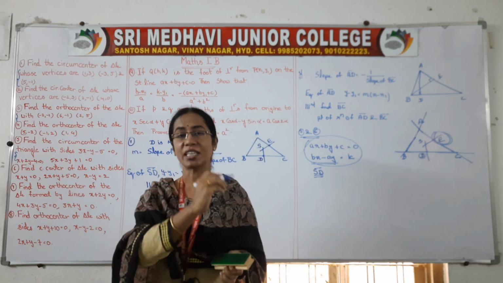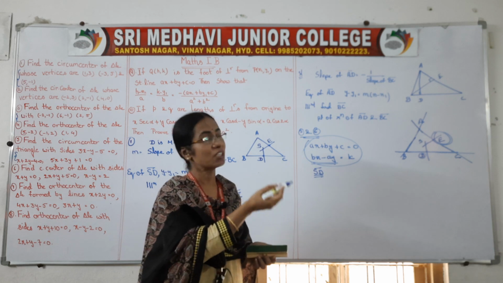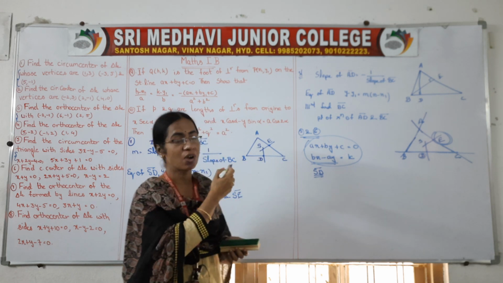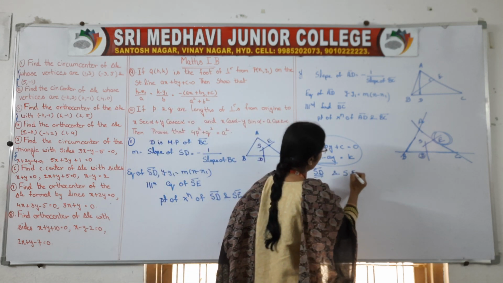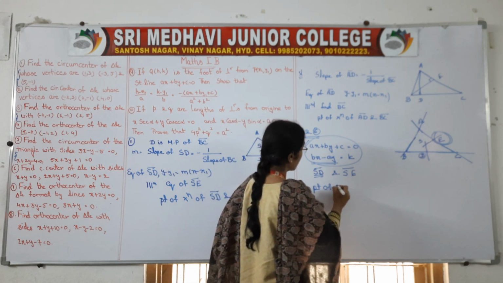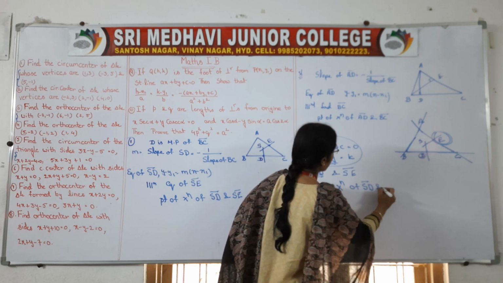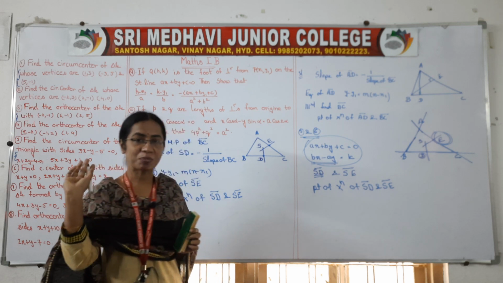So you find E by taking the midpoint, then substitute that E to get your K value. After substituting the K value, you will get your SE equation. The point of intersection of SD and SE is called the circumcenter.